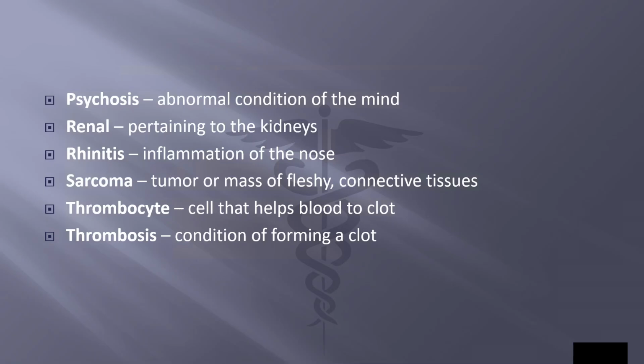So sarcoma is a tumor or mass of fleshy connective tissues. Sarcomas and carcinomas are both cancerous, malignant tumors. Sarcomas grow from the fleshy connective tissues of the body, such as bone, fat, muscle, and cartilage, whereas carcinomas arise from skin tissue and the linings of internal organs.